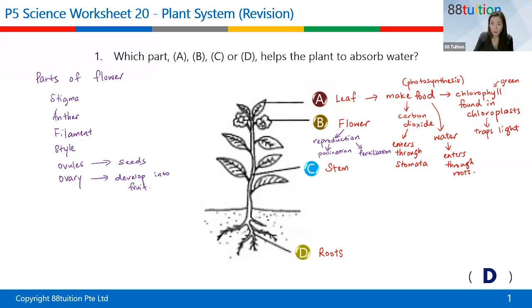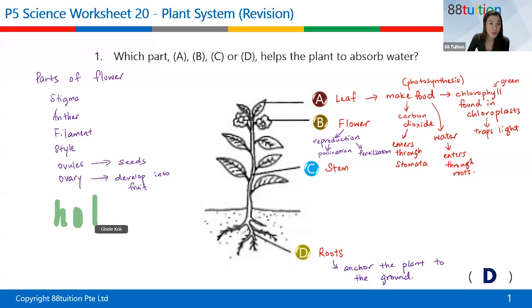Yes, wonderful. So we say that roots actually help to anchor the plant to the ground. So these are the various functions. So far, so good. Can I go on? See, one question, I can actually discuss so many things with you, right?